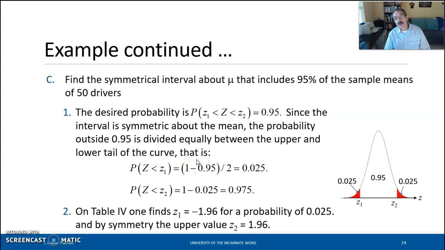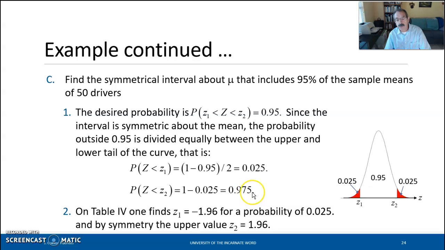Since this interval is symmetric about the mean, the remaining probability outside of 0.95, we divide equally between the upper and lower tail, as shown in this figure. To find z1, we use a probability that the random variable z is less than z1, and that's for a probability of 0.025. To find z2, we use a complement of this probability in the upper tail, which is 1 minus 0.025.